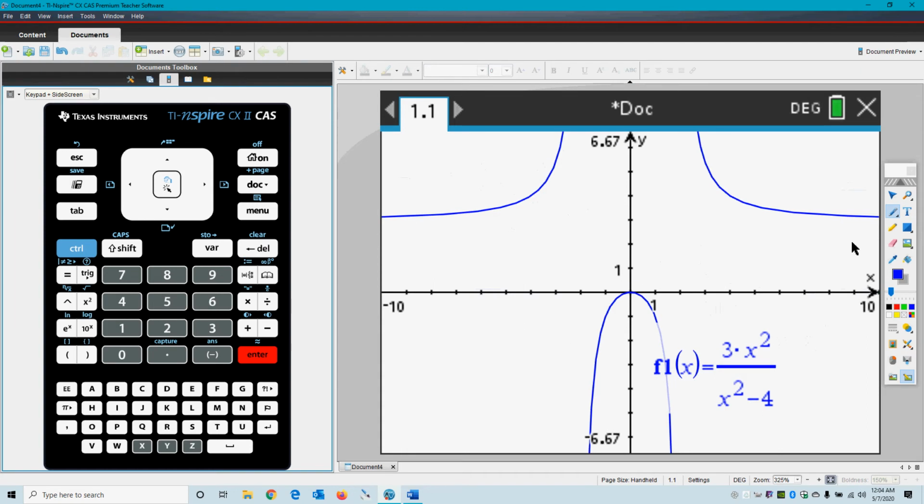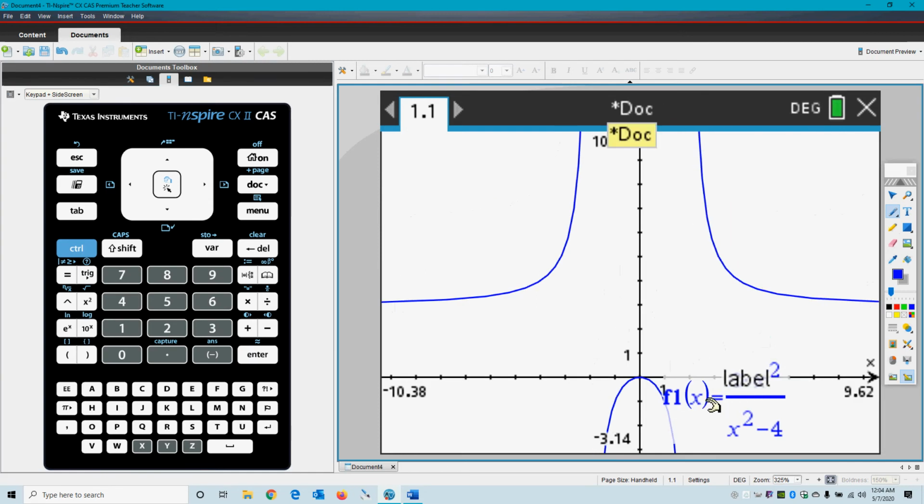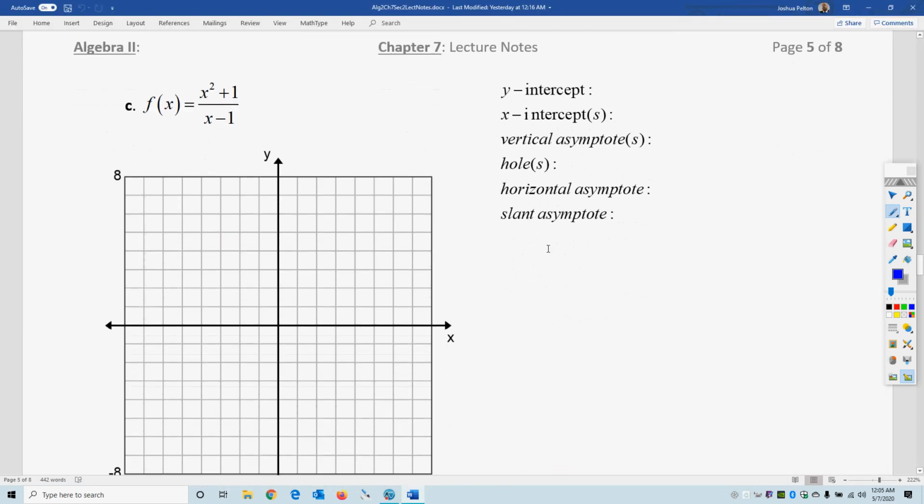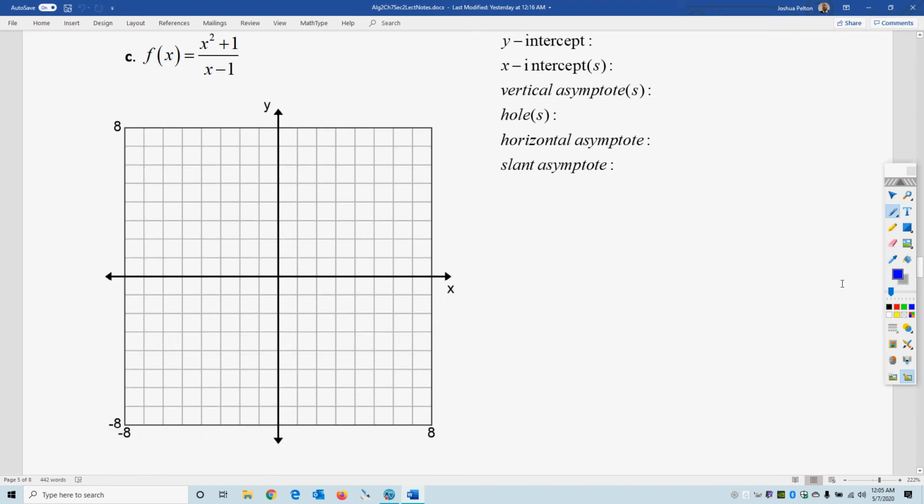And there we go, right? You can see our horizontal asymptote there, and our two verticals here, right where we thought they should be, and our intercept at 0, 0. Okay, so C, the last scenario. Again, all three scenarios are done the same. This scenario, the numerator has a higher power than the denominator.